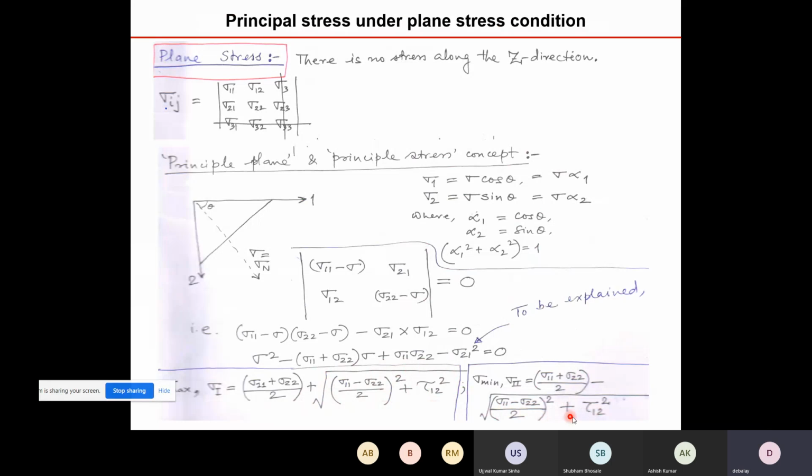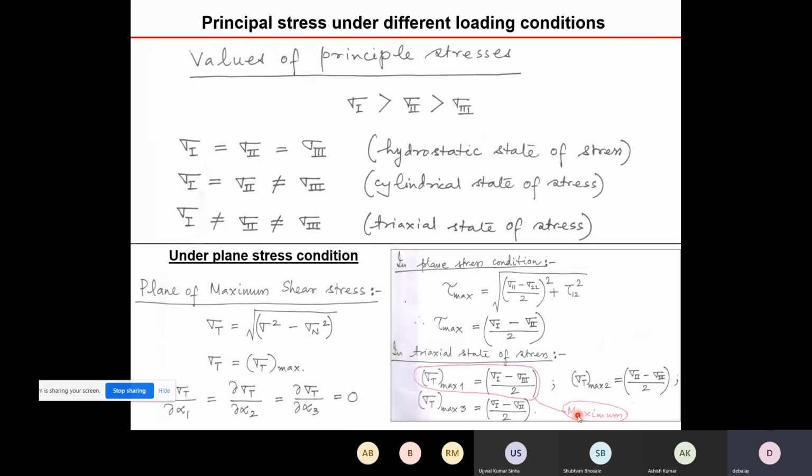So maximum shear stress can thus be represented by (sigma Roman 1 minus sigma Roman 2)/2, the difference between the principal stresses. The difference between the principal stresses provides you the shear stress.